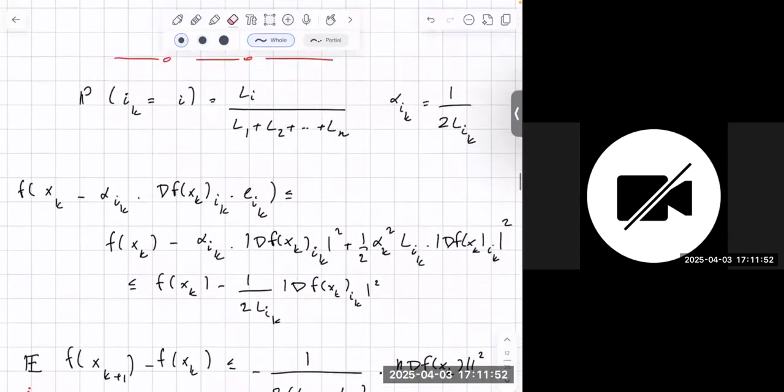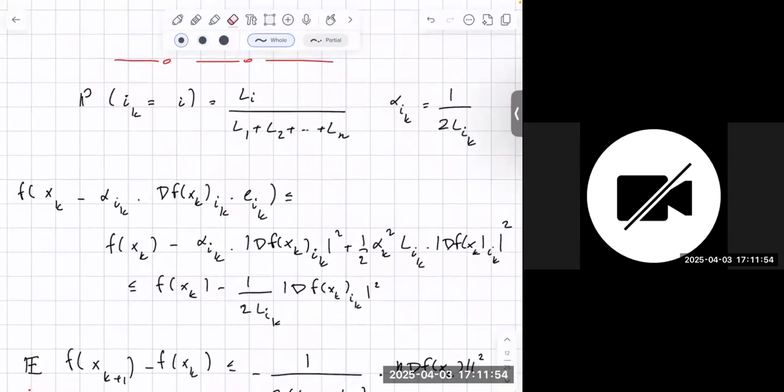So a more refined version would be caring about all those Lipschitz constants, not only fixating on the maximum. You would sum up those Lipschitz constants, and picking the ith coordinate will have this probability. So I'm prioritizing coordinates with respect to how sensitive they are.